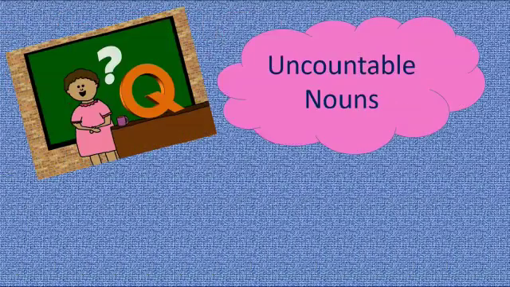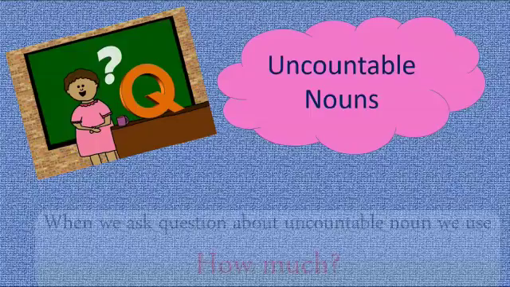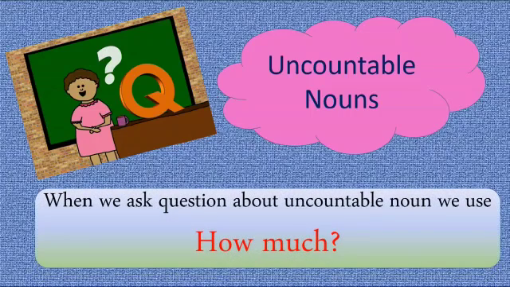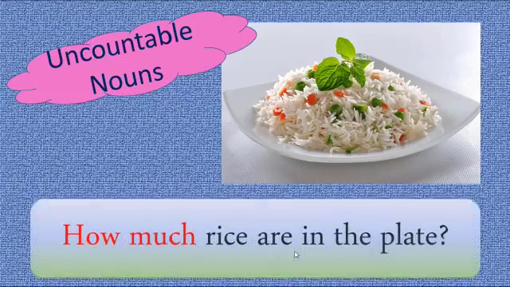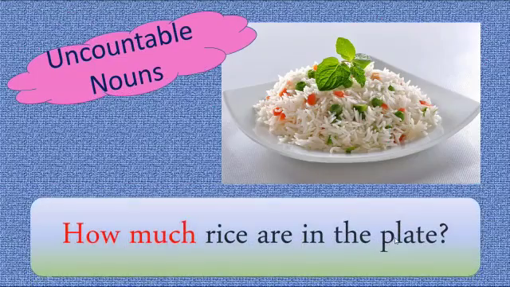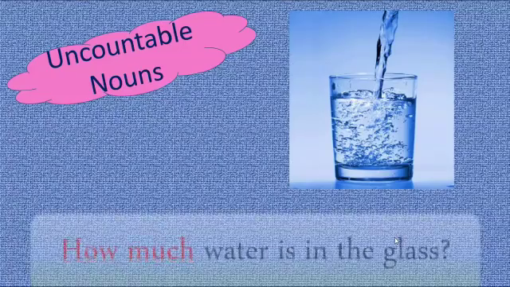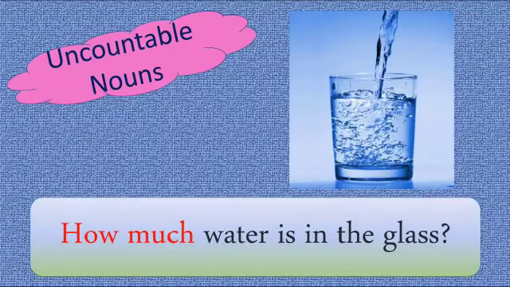And children, when we ask a question about an uncountable noun, we use how much. जब हम uncountable noun के बारे में क्वेश्चन करते हैं तो हम यूज करते हैं how much. Like, how much rice is on the plate? How much water is in the glass?